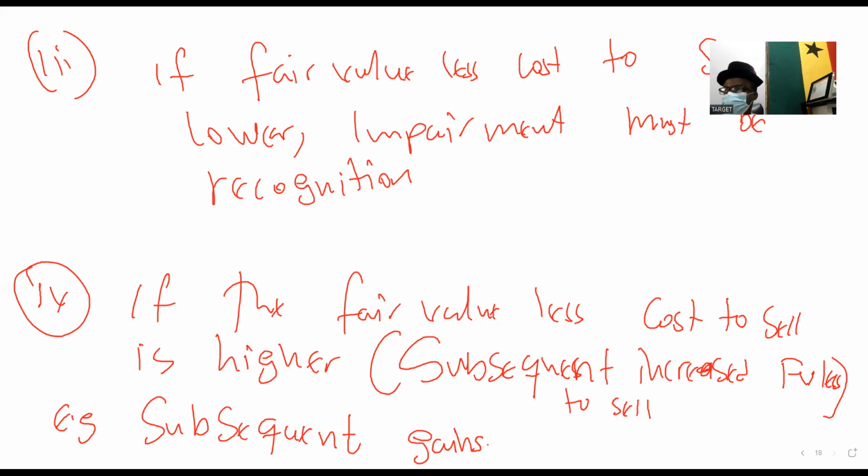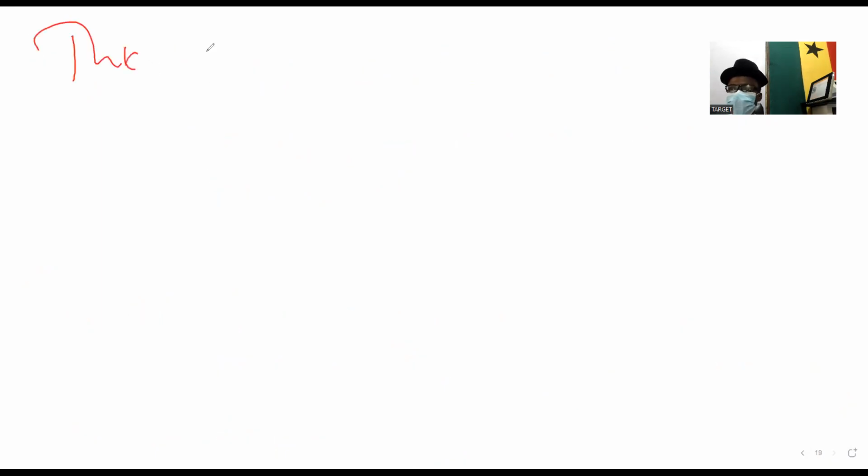Let me write it fully: the entity shall recognize a subsequent gain of an asset, but not in excess of its cumulative losses.